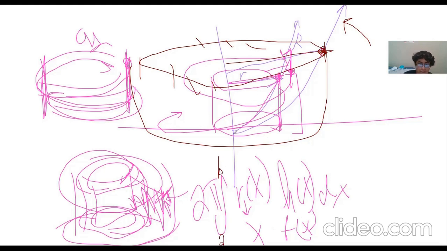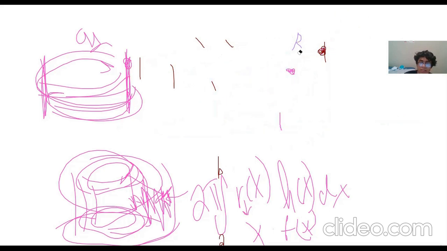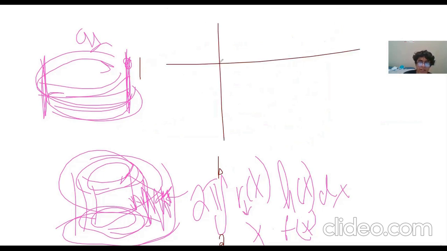They start. Okay, this is an important point to make. When you're doing these cylinder methods, make sure that the 2 pi is counting for an entire rotation around the axis, but you're not counting area over here.